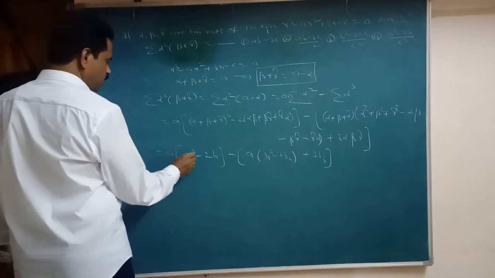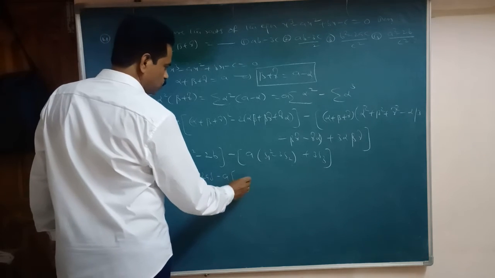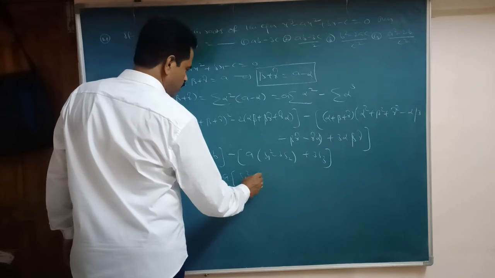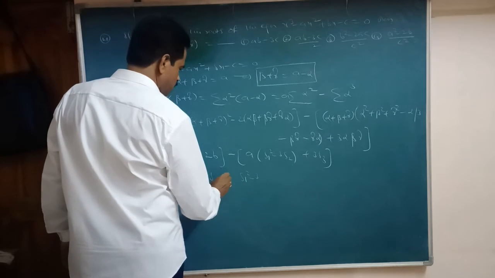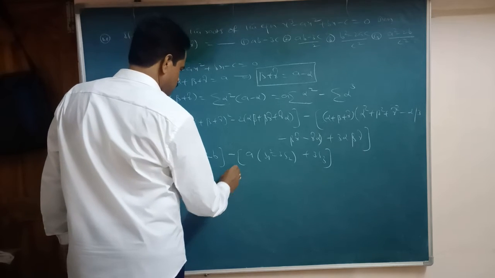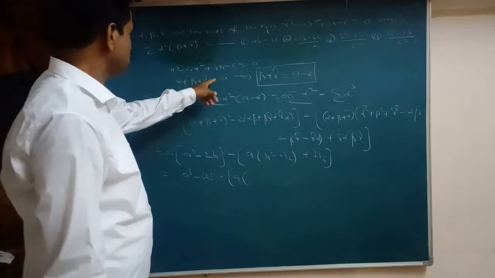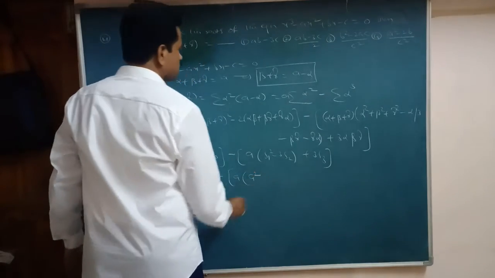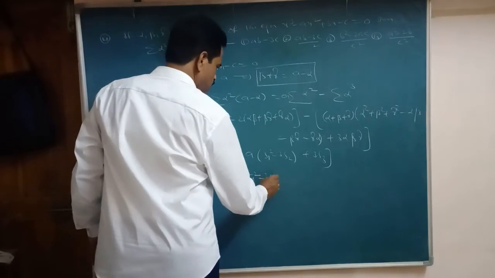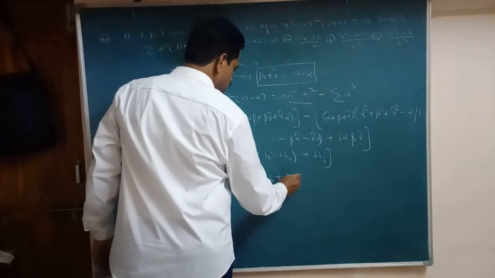So that equals A square, A cube minus 2AB, minus A into S1 square minus 3S2 plus 3S3. Now multiply here, next S1 write down here: minus A into what is S1 here? S1 is A square, S2 is B, minus 3B, S3 is what here? C, 3C.